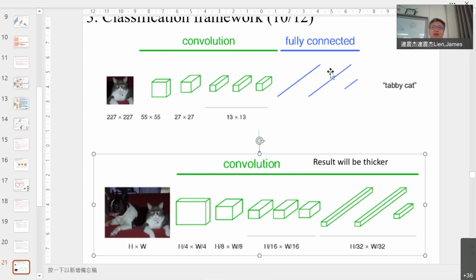Don't misunderstand this. 不是说 convolution 什么结果都已经比 fully connected 还好，不是哦。The purpose of convolution is that we don't want the input image size to be limited, so we use convolution. 就这样子。But if your input image size is fixed, okay, you can use either one.